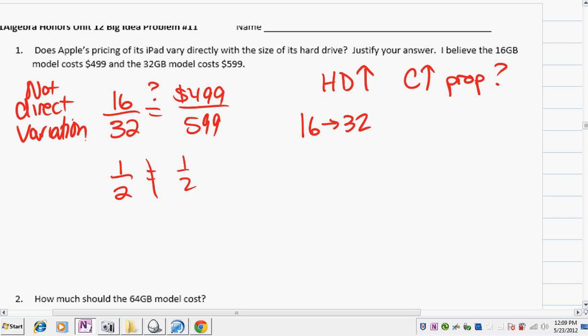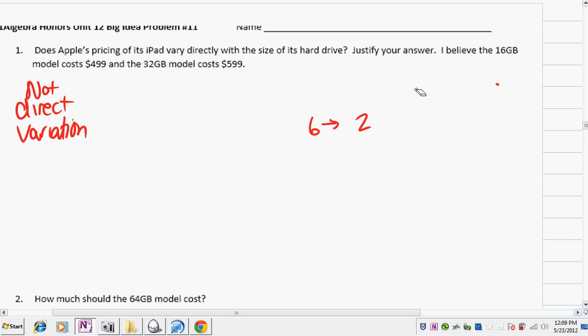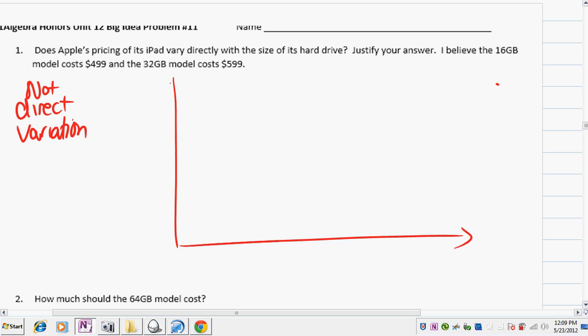And let's talk about why. Because some of you might say, okay, well, 64 should cost $100 more, because it looks like every time it doubles, it goes up $100. But let's look at this graphically. If I map the cost versus the hard drive, I'd have 16 there, and 32 there, 48 there, and 64 there.